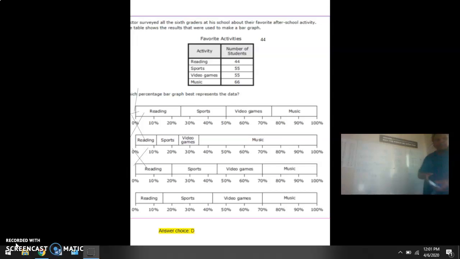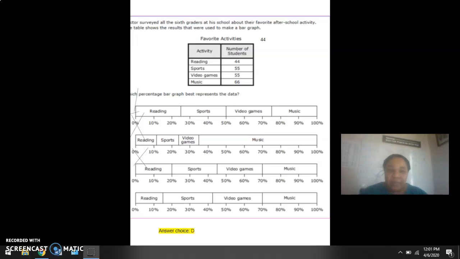Now I want you guys to look at your table. We're looking for 20% in reading, 25% in sports, 25% in video games, and 30% in music. So now let's look over at your graph.